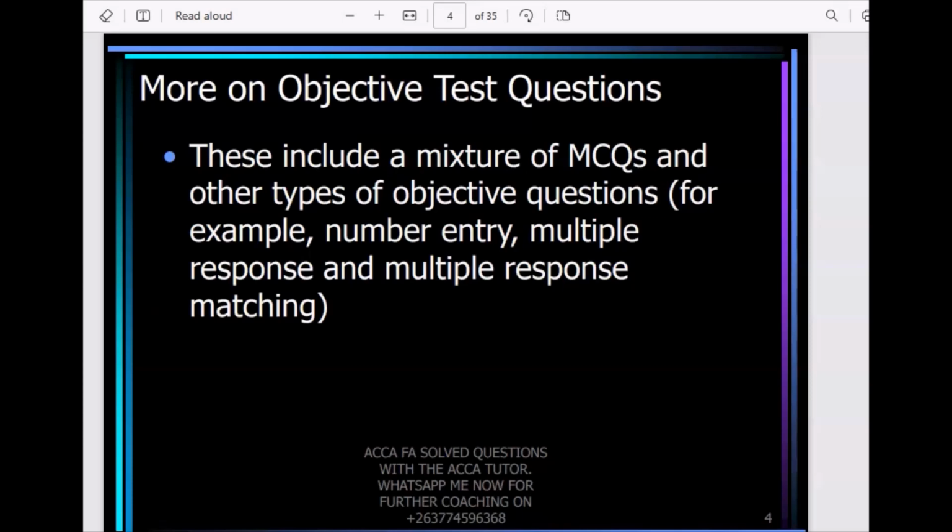Sometimes you are required to answer multiple response questions. This means there is more than one option which is going to yield a correct answer. For example, the examiner will say, which 2 or 3 of the following are correct?